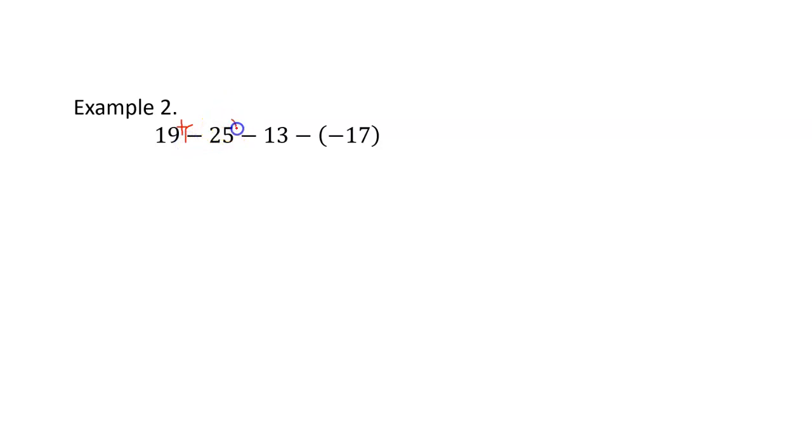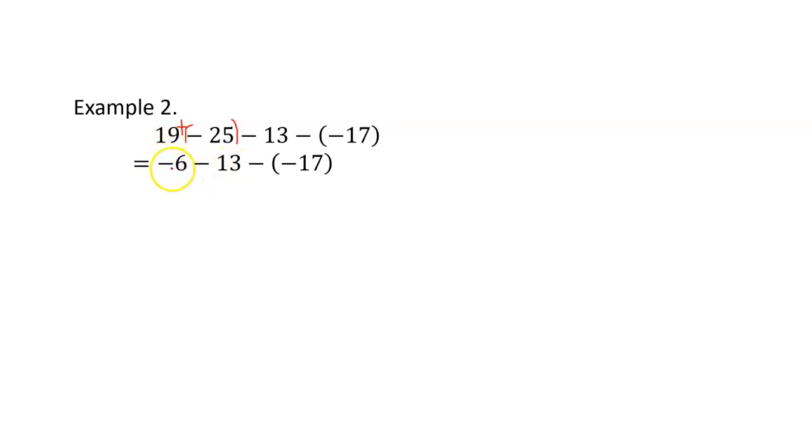So credit plus debt, we have to check, do we have more credit or more debt? We pick the sign in front of the larger number. 25 is larger than 19, so we should end up with a minus number. And then 25 is how much bigger than 19? We do a subtraction here, which gives us 6. So we have $6 more debt than credit. That's the answer, -6.